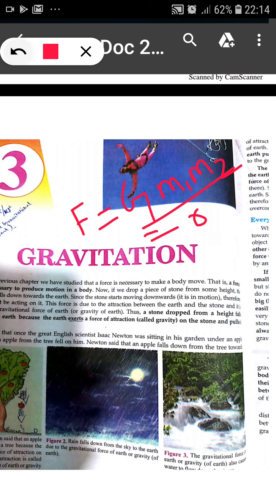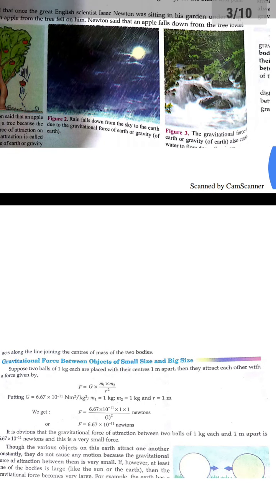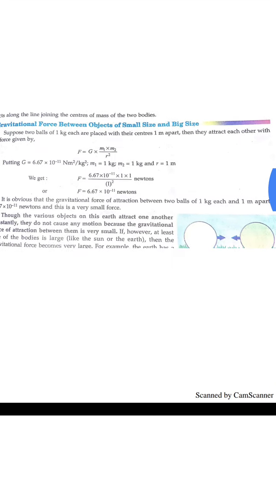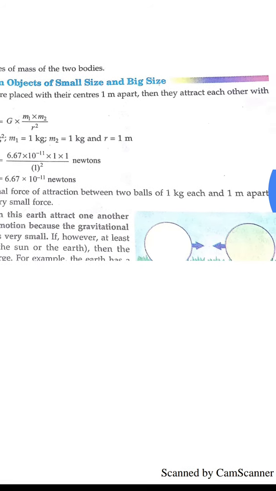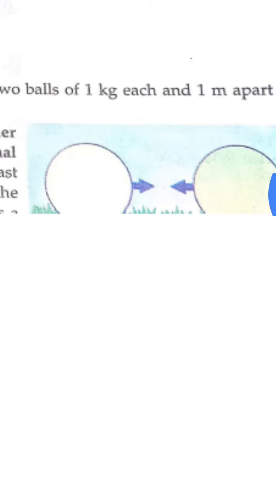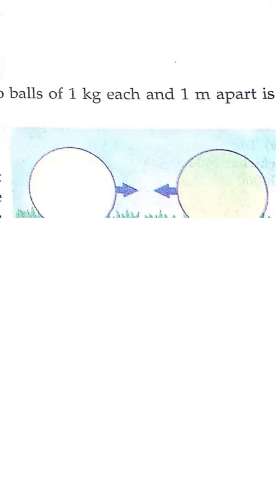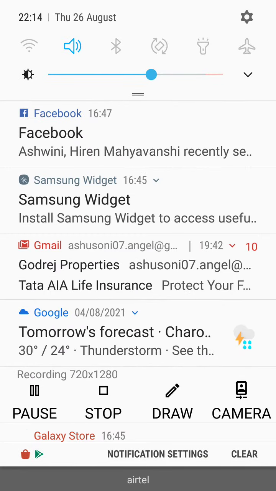Then we will be understanding the acceleration due to gravity, that is small g. Okay, so see the numericals. The first one, as you can see on the screen: whenever a gravitational force acts between two objects, it depends on the masses of the two objects. In this numerical, we assume that there are two objects of 1 kg each, separated from each other by a 1 meter distance, measured from the center.